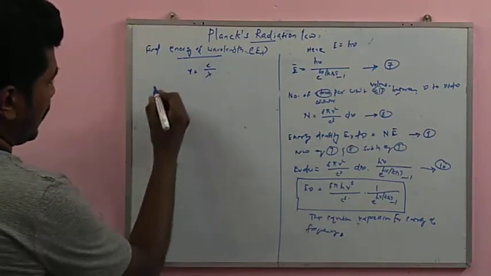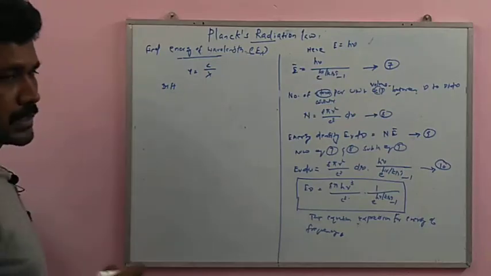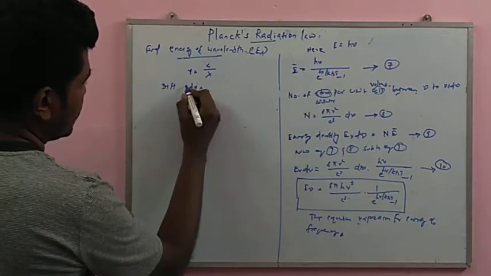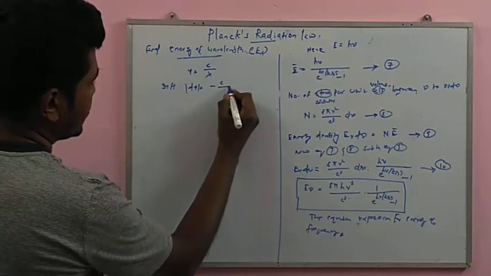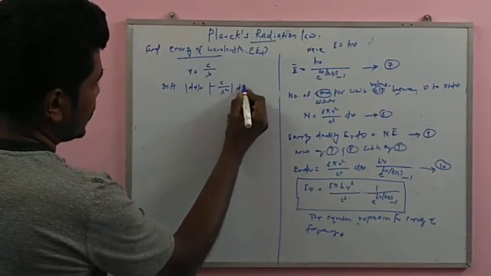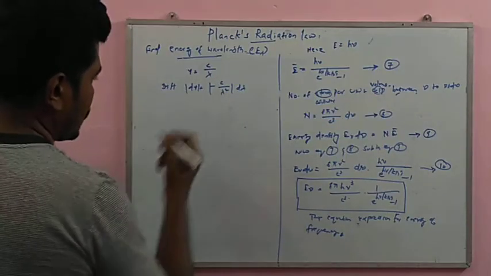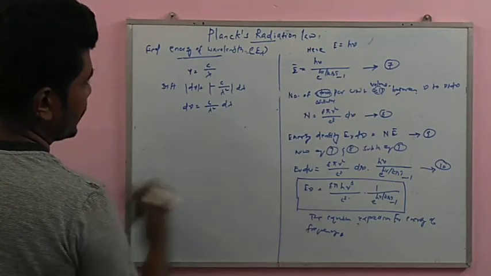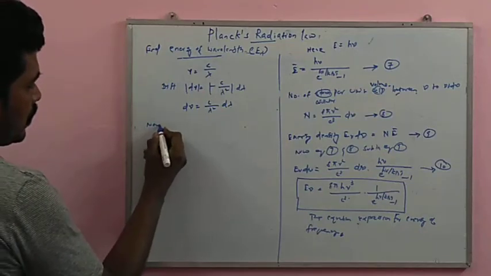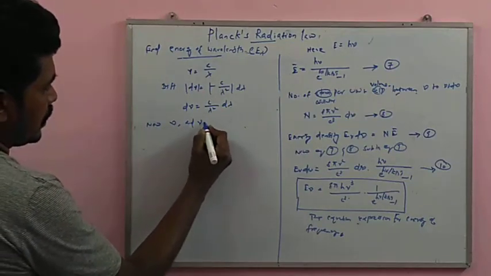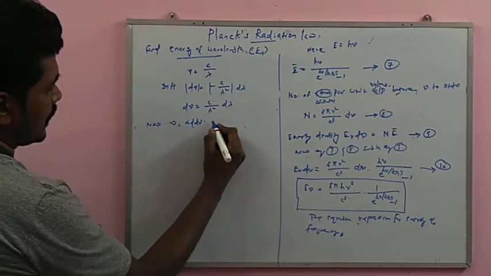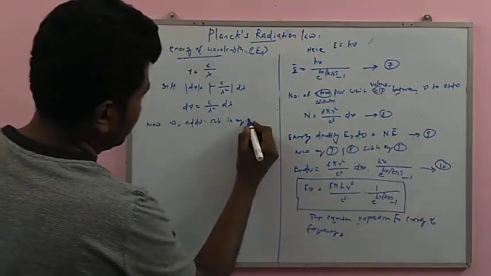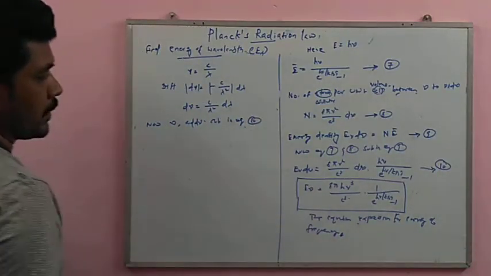Now differentiating mu, d mu is equal to minus c by lambda squared into d lambda. Taking the magnitude, d mu is equal to c by lambda squared into d lambda. Now substituting mu and d mu in equation number 10.